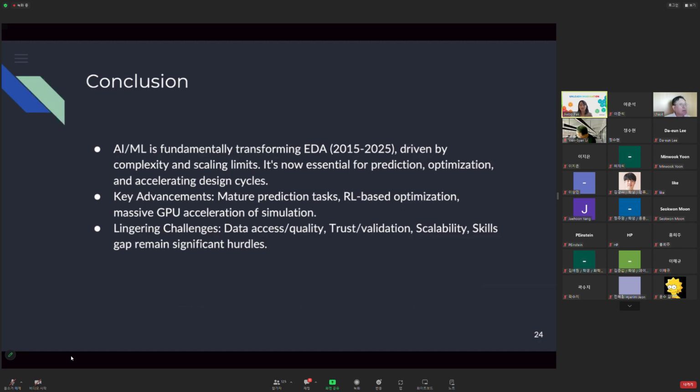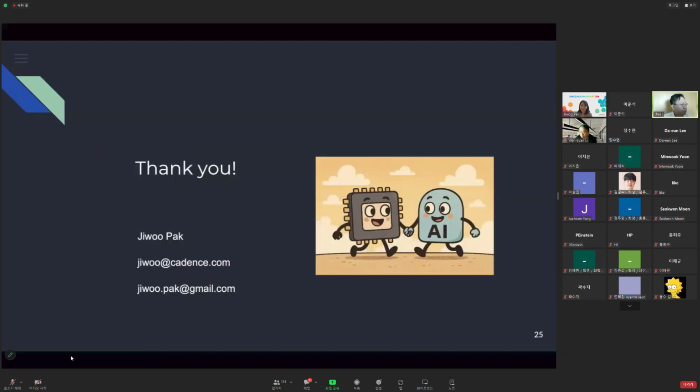We still have lingering challenges such as data access and quality, trust issues, that's the big thing, and then scalability and skill gap, which is personally the big issue for me in hiring people. Those remain significant hurdles. Yeah, I think that's all for today's talk.